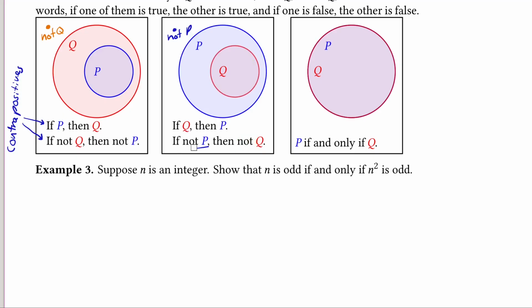So these two statements are also contrapositives. The original if-then statement and its contrapositive are logically equivalent, and sometimes it's easier to prove a contrapositive than the original statement. So that's a proof strategy we'll be using sometimes in the proofs in class.